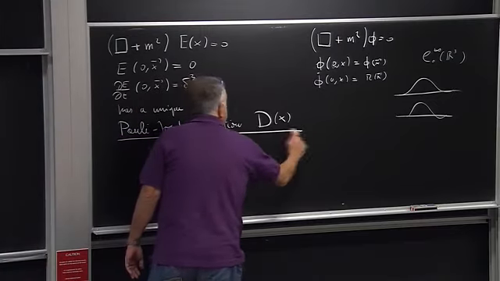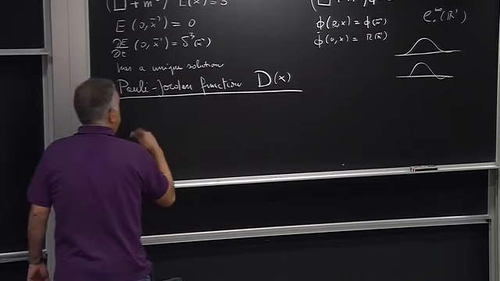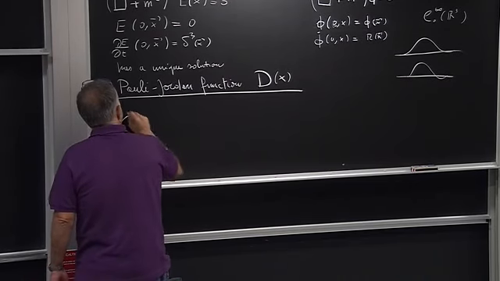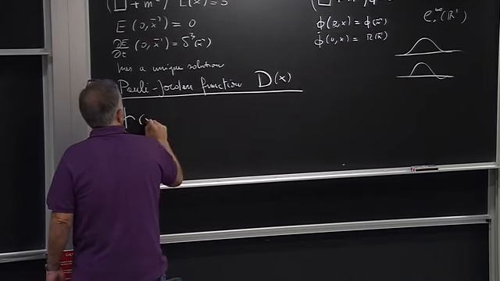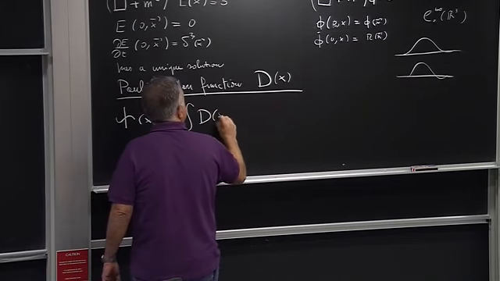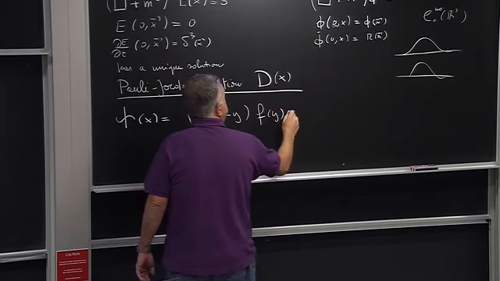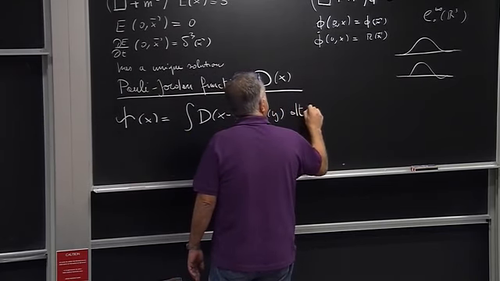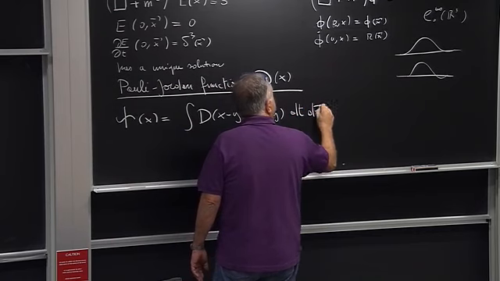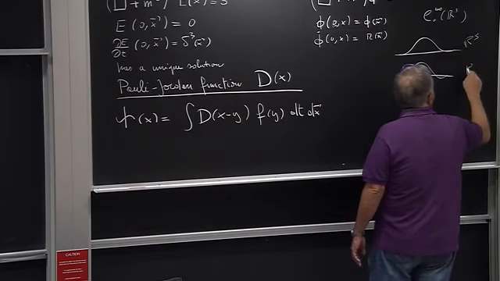The second use you can do of the Pauli-Jordan function is to build directly solutions of the Klein-Gordon equation, which are convolutions of the Pauli-Jordan function over space-time. You see, in this other formula, these are on R3, these are initial conditions.